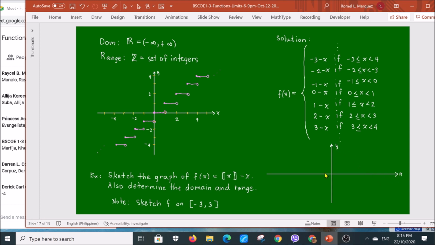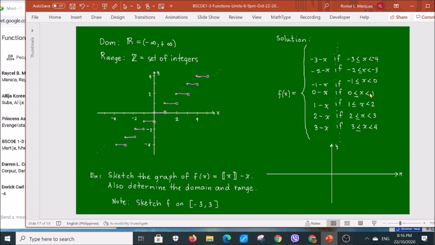y. The maximum value of f is what? If x is negative 3, negative 3 minus negative 3 is 0. Parang baliktad ako dito, no?